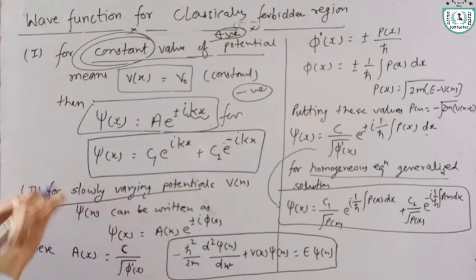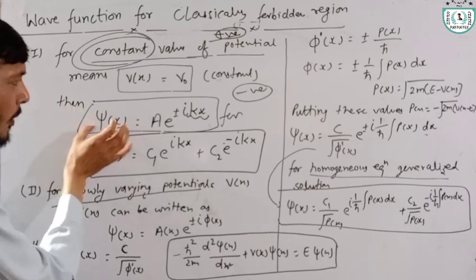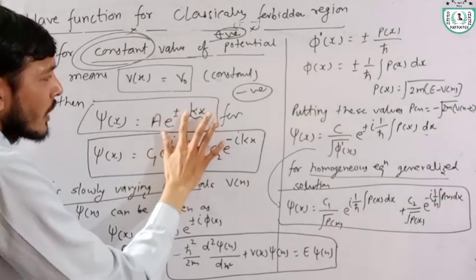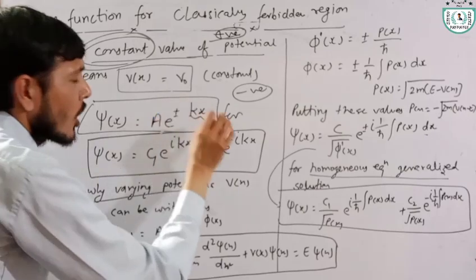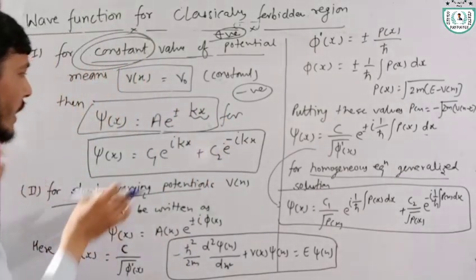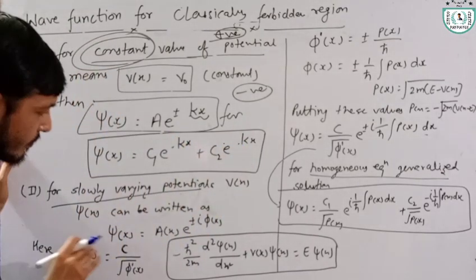In the classically forbidden region, the wave function is psi of x is equal to A e raised to power plus minus iota नहीं होगा यहाँ पर A e raised to power plus minus kx होगा. Okay, similarly here iota cannot appear.